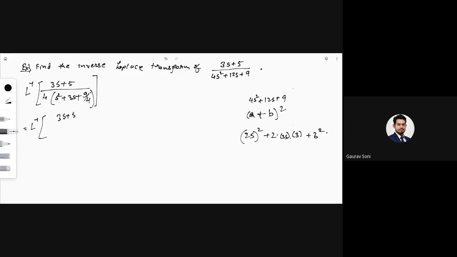First of all, in the denominator, s square plus 3s plus 9 by 4 is actually (s plus 3 by 2) square. So I have to convert the numerator also in the form of s plus 3 by 2, because I have to use the property: Laplace inverse of capital F of (s plus a) is equal to e to the power minus at into f of t. I have to use this property, and that's why I'm converting it to the form capital F of (s plus a).